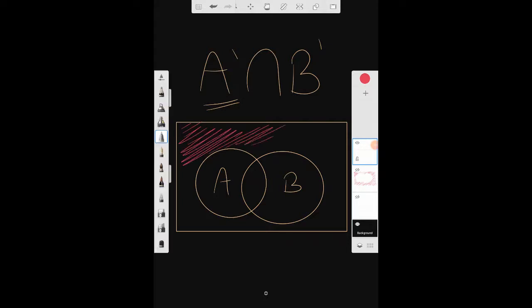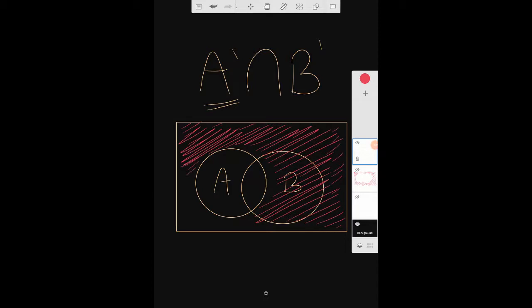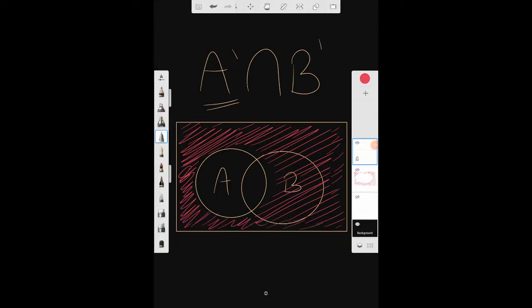Whatever is not A. Let me shade whatever is not A. This is my A complement. Cool. This part also. Okay, now this part is done.